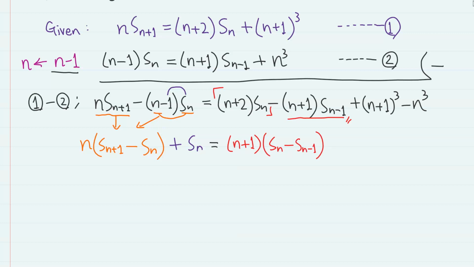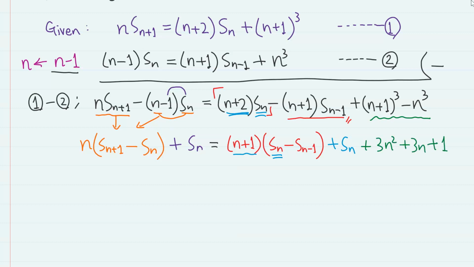But this only gives (n+1) Sn, but here we have (n+2) Sn, so we have one more Sn. So that's the Sn part, and from this (n+1) cubed minus n cubed, we have 3n squared plus 3n plus 1.